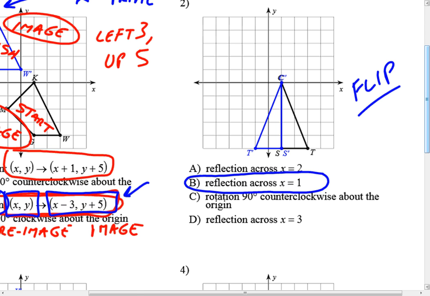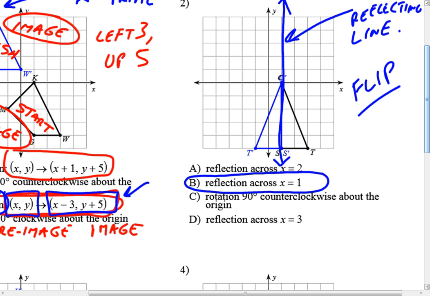But they might not know that the reflecting line, let's put an arrow there, the reflecting line can be represented with what you learned in algebra. We could have a y equals mx plus b reflecting line. But in this case, it happens to be vertical.